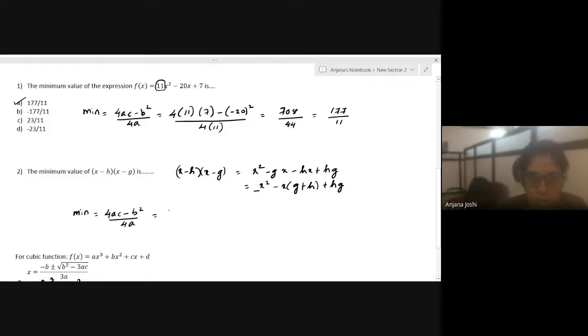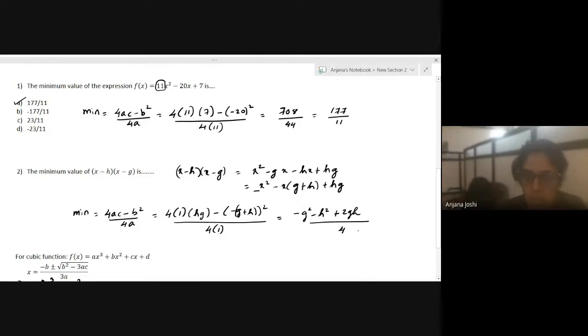So this will be 4 times a, the coefficient of x square is 1, and the c value is h into g, minus b square, that is minus (g plus h) the whole square, divided by 4 times a. A is 1. So if you go for further simplification, this will be of the form minus (g square minus h square plus 2gh) divided by 4.